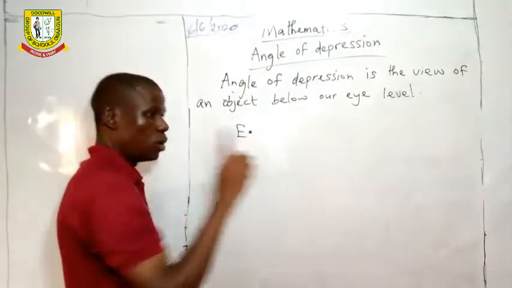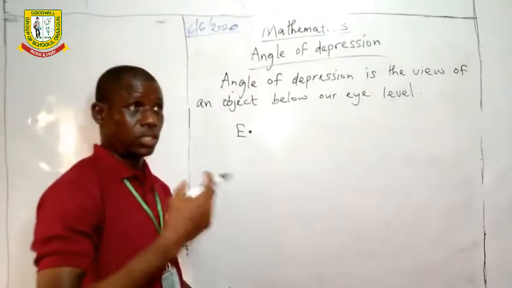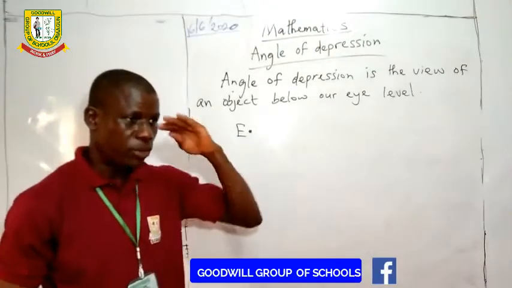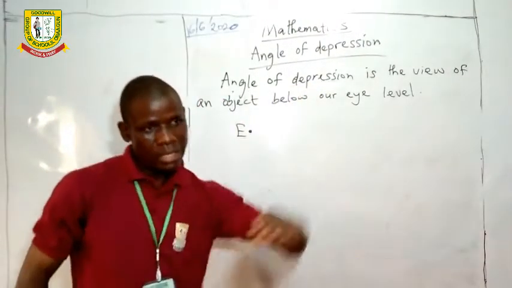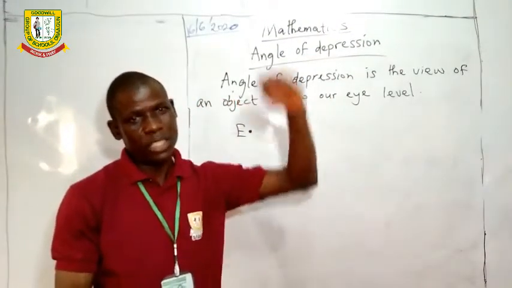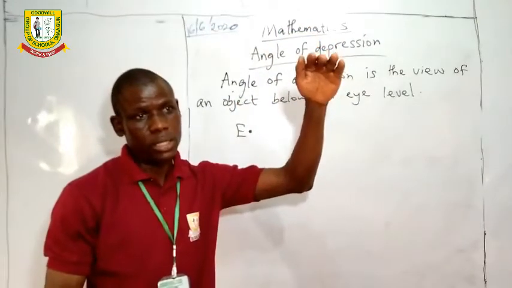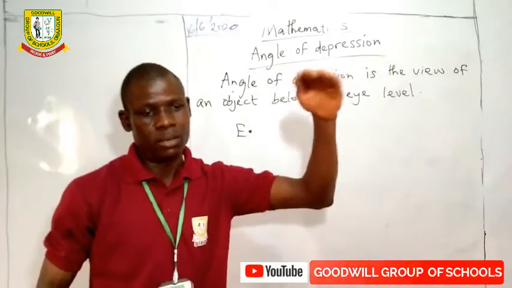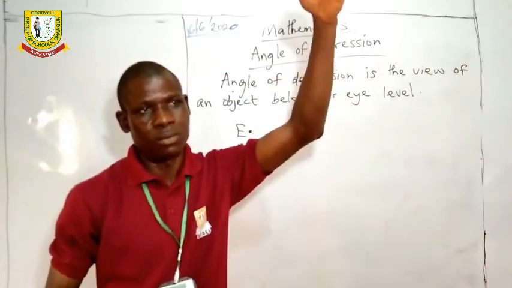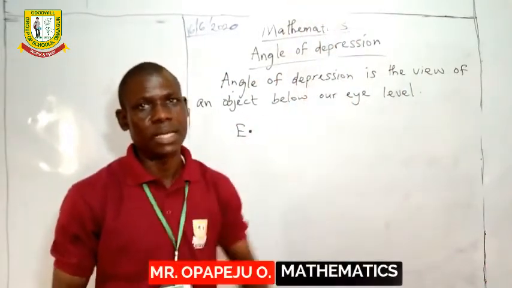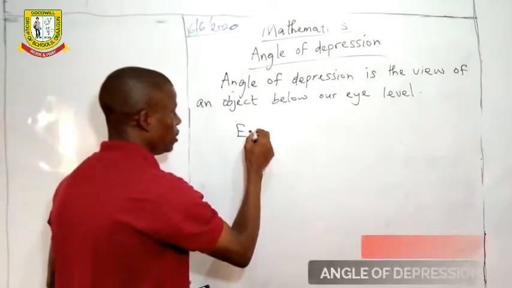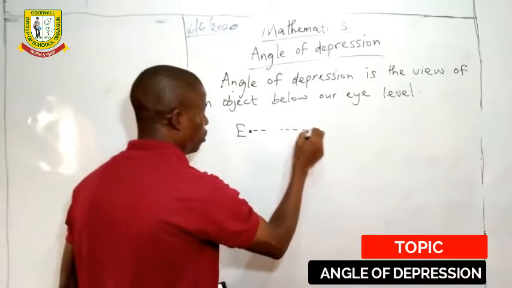And of course, always you should have that picture that when you are looking at an object, the level of your eye will determine the kind of limitations, boundary, space where your eye may not see things that are beyond that level. That is where we take as our eye level, and it is always preferable as a broken line like that.